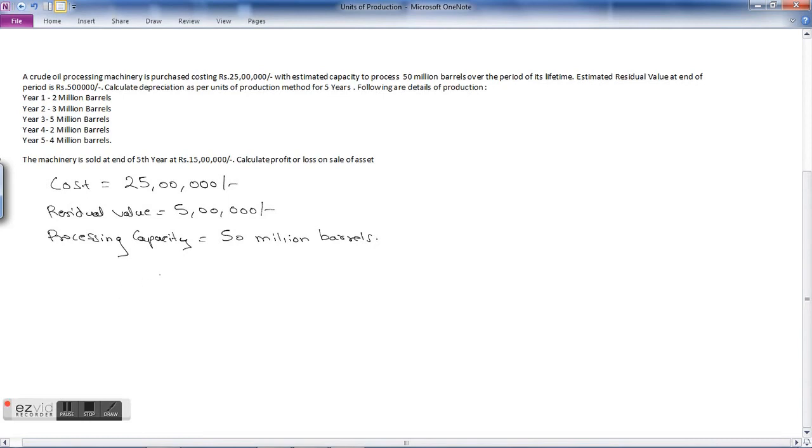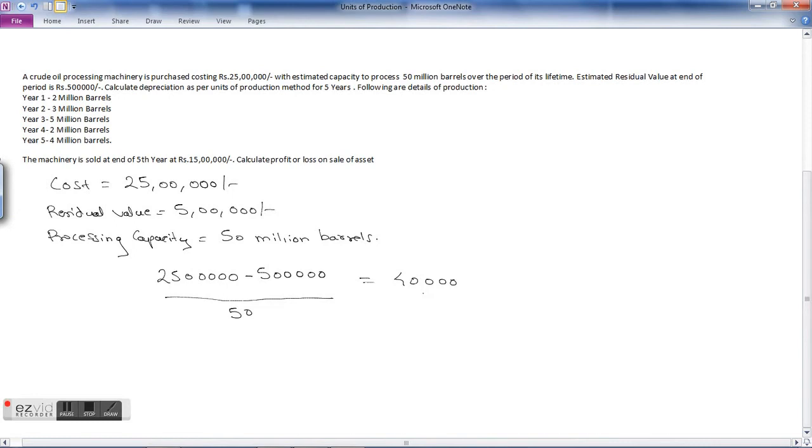So 25 lakhs, that is original cost, minus 5 lakh divided by 50, correct? So 25 lakh minus 5 lakh is 20 lakh. 20 lakh divided by 50, that comes to 40,000. Okay, so for 1 million barrel the depreciation will be 40,000.